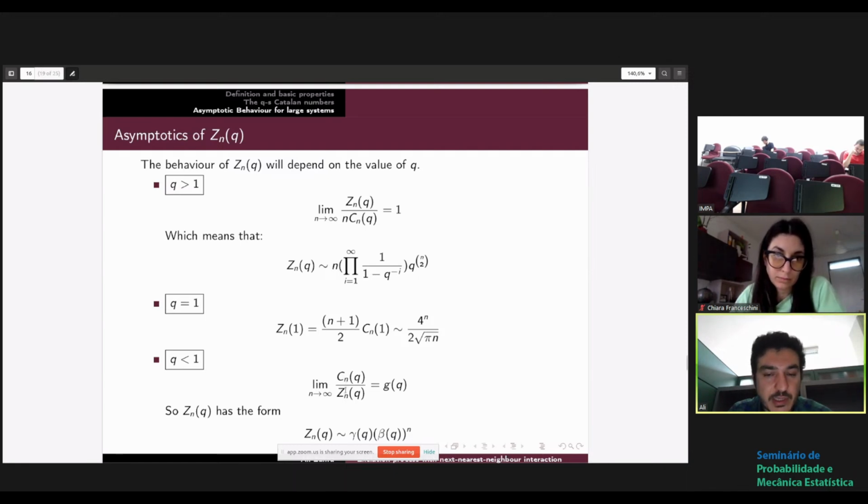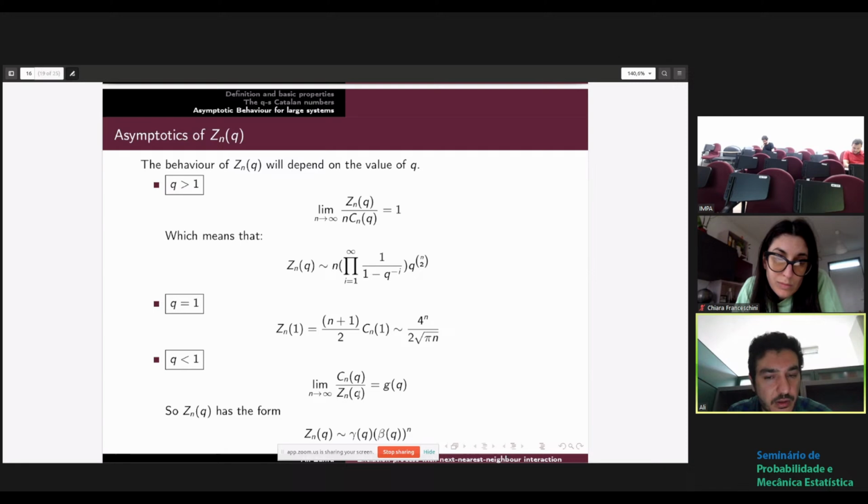For q smaller than 1, the q-Catalan numbers and Z_n start to differ a little bit, because we just saw some slides ago that when q is smaller than 1, the most favorable state is the antiferromagnetic state. So there are now more minima, and if there are more minima, the degeneracy is higher, and they differ.